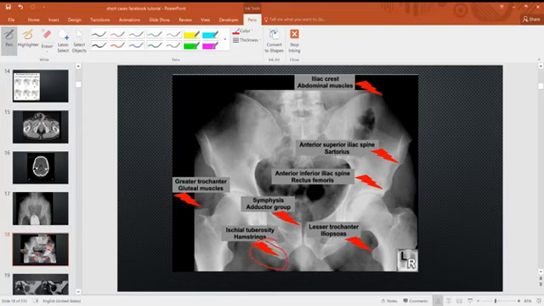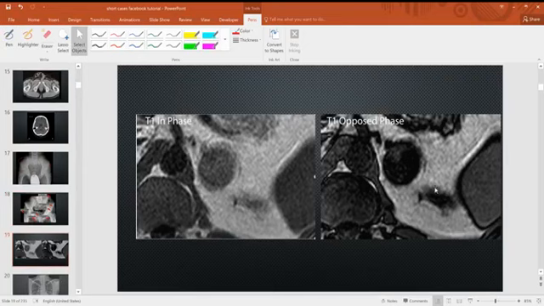Gluteal muscle to the greater trochanter; anterior inferior iliac spine, rectus femoris; pubic symphysis, adductor group; iliac crest, abdominal muscle; anterior superior iliac spine, the sartorius muscle; and the lesser trochanter, the iliopsoas muscle. Very good, all of you.